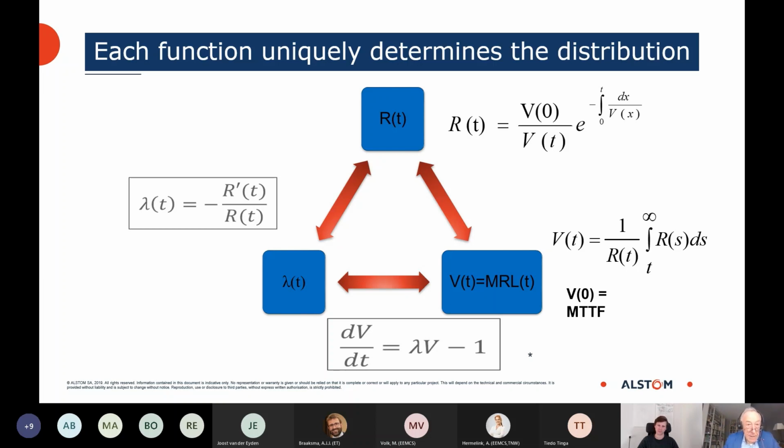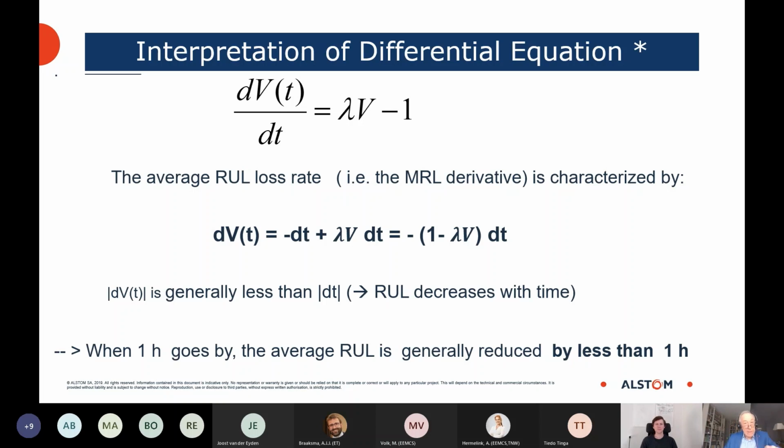So if we now look, by the way, it's interesting to look at this differential equation and to see how it can be interpreted. We write it in a differential form here. And what it says is, over a small time interval dt, dv of t is the average loss of RUL. We can see that it's usually less than dt, because dv over dt is negative.